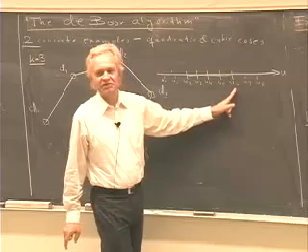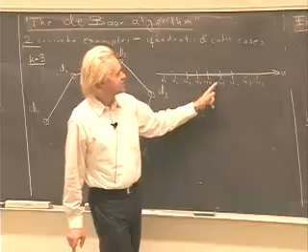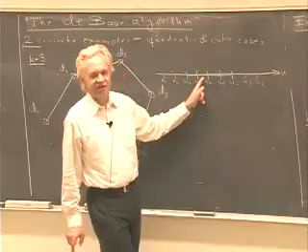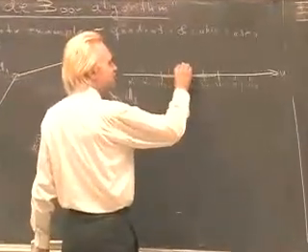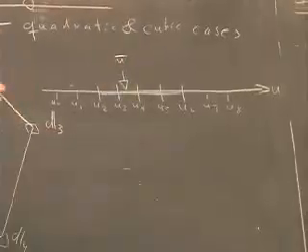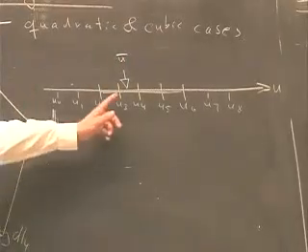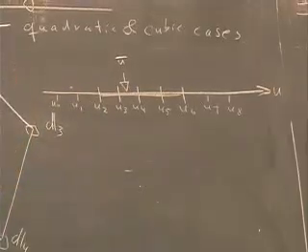So now let's take a particular value and see what has to be done. Okay, let's say I pick this guy. I pick a value between U3 and U4. I want to evaluate the curve for that value, and I call it U bar, okay? Where's the point on the curve for U bar? How do I do that?